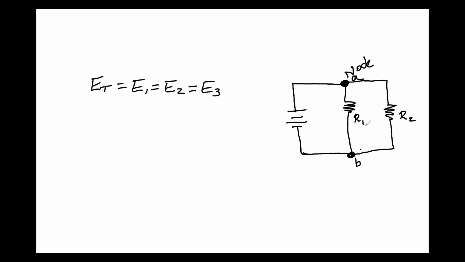And that is not a secret. That's why in residential, commercial, industrial, everything, pretty much all the outlets and lights are connected in parallel. All the breakers too, okay?